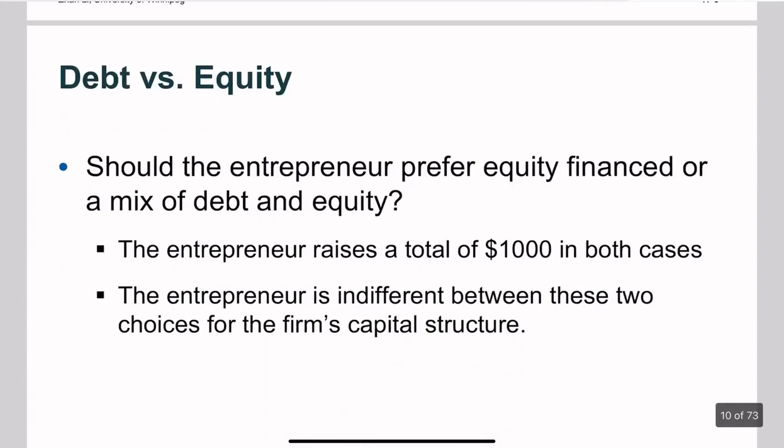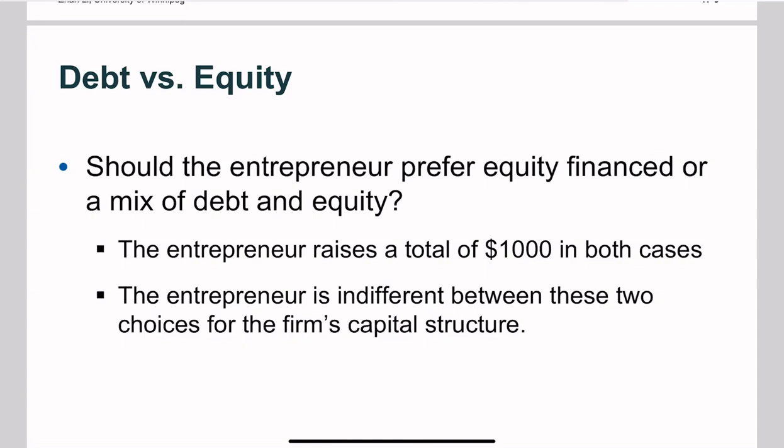Now let's summarize our findings. Right? So let's ask, should the entrepreneur prefer equity financing or financing with both debt and equity? Well, the answer is the entrepreneur is actually pretty indifferent between these two choices. The reason is because under both choices, the values would be the same, right?